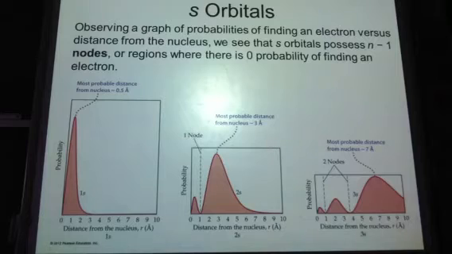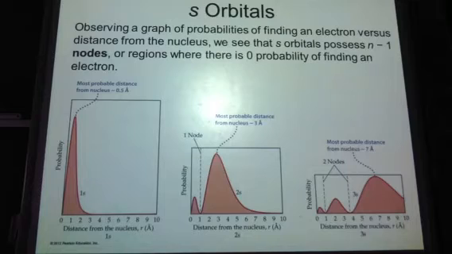Observing a graph of probabilities of finding an electron versus distance from the nucleus, we can see that we have these things called nodes. A node on these radial distribution graphs represents where we have zero probability of finding an electron.